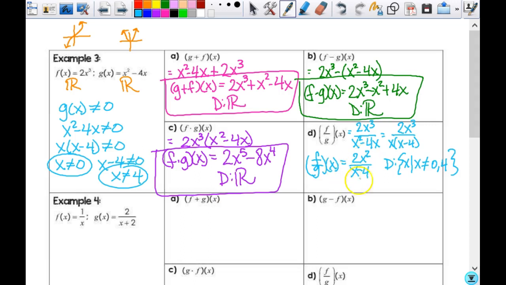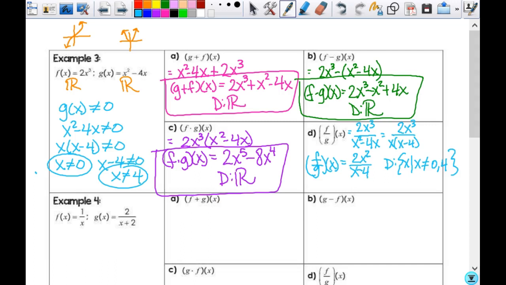If I just looked at this, then I would just think that x can't equal 4, right? But that's not true. X can't equal 4 and it can't equal 0. I don't get to see all of that at the end sometimes. Sometimes I do, sometimes I don't, but that's why we have to look at it first, okay? And that's what's going to get us some holes with our rationals. You wonder how that removable discontinuity happens? It happens with stuff like this, okay? Everybody good so far?